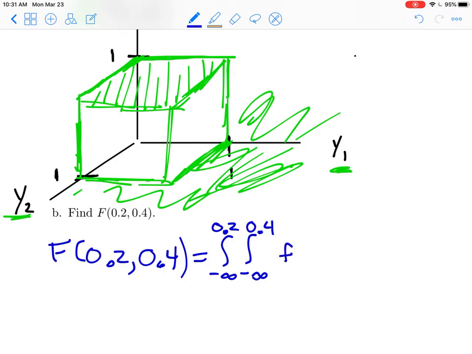Here we don't need a dummy variable because we have the actual values of y1 and y2.